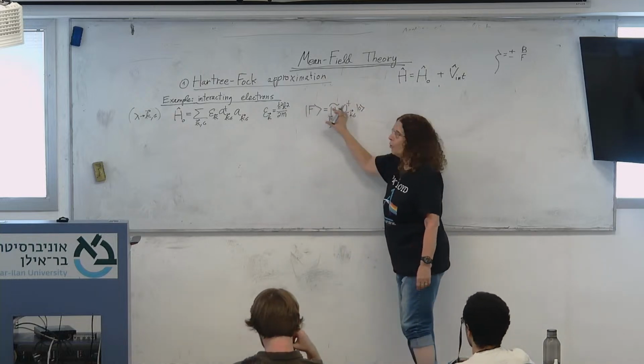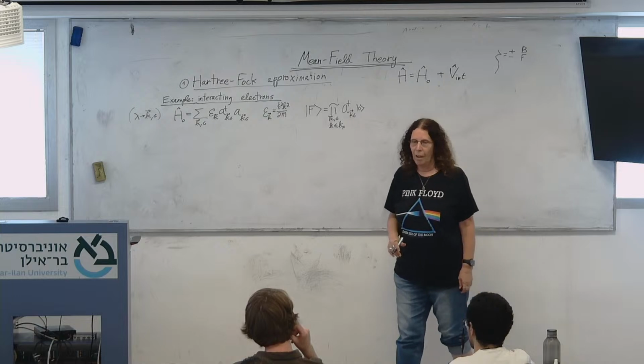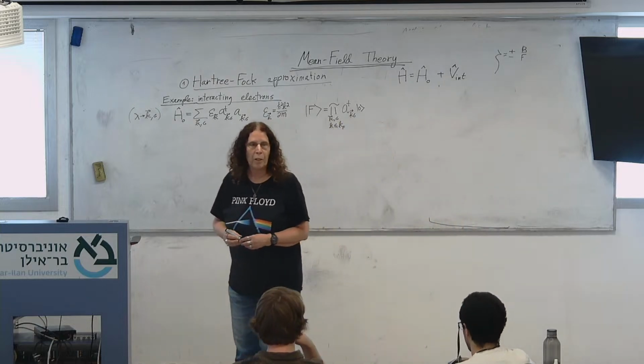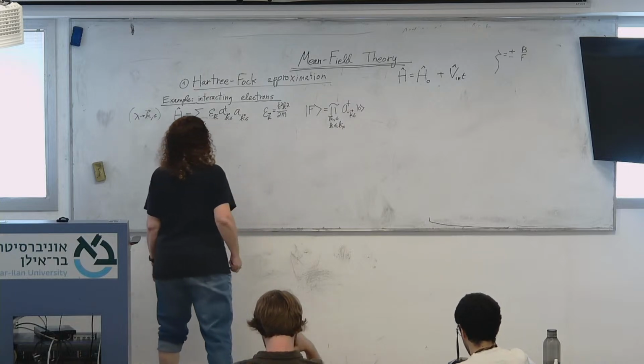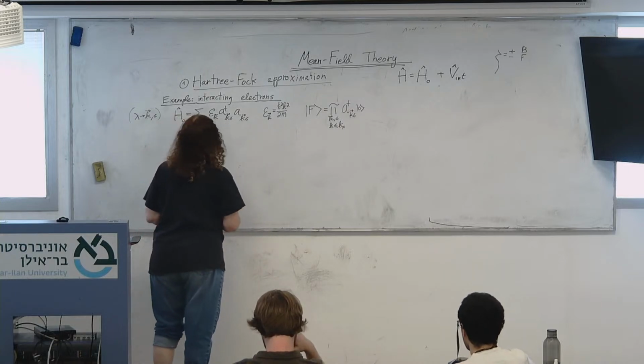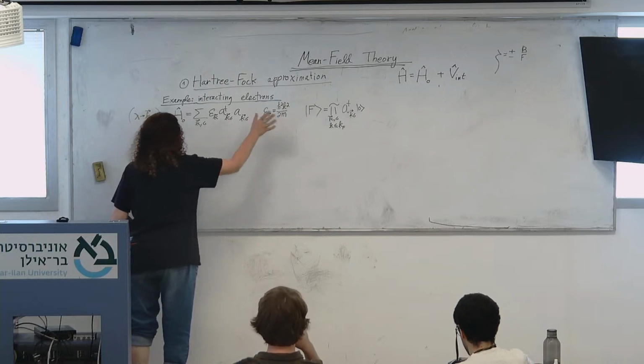But I'm not going to use this because we already have an expression for the expectation values of each two operators from the previous lectures. We know all about this.